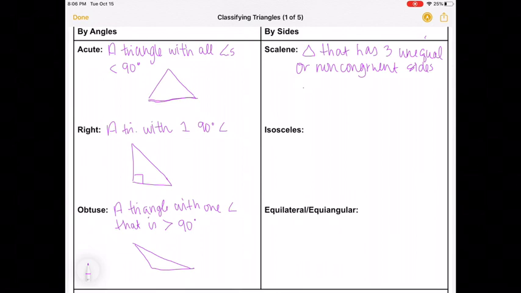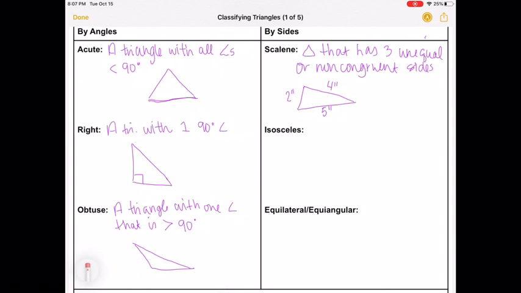All right, so basically each one is different. So maybe I have a 2-inch, those little double apostrophes that represent inches. So maybe a 2-inch side and a 4-inch side and a 5-inch side. Okay, they're all three going to be different.